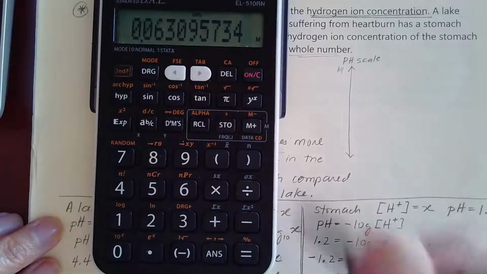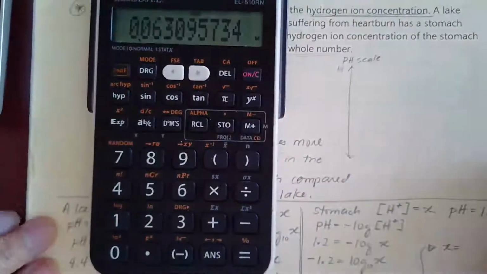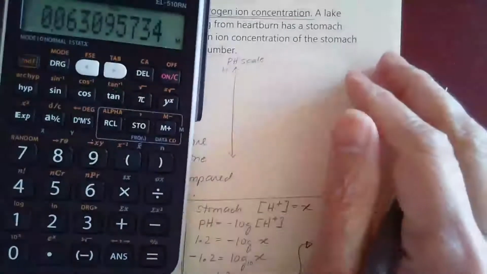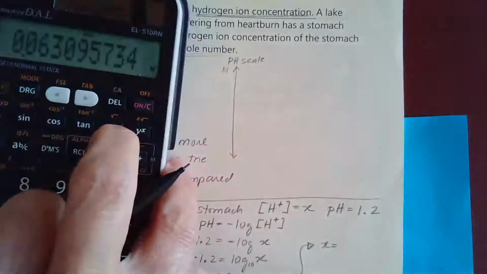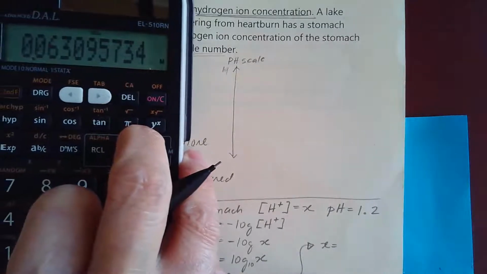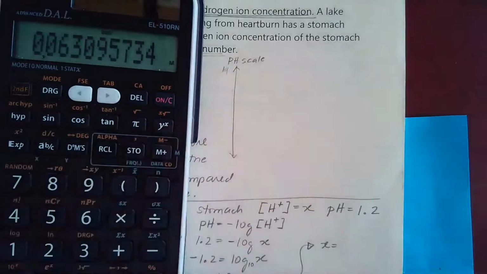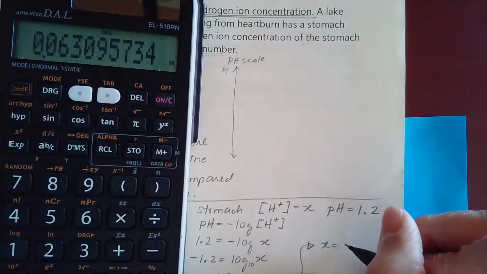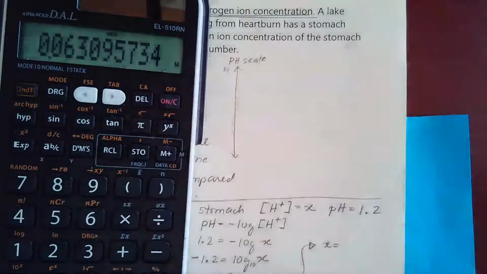And again, we're going to get a decimal there. So I'm going to try to write as many decimals as possible. And if you are in chemistry class, either in our class or chemistry in university, maybe you're going to write it in scientific notation, but we're not going to do that.